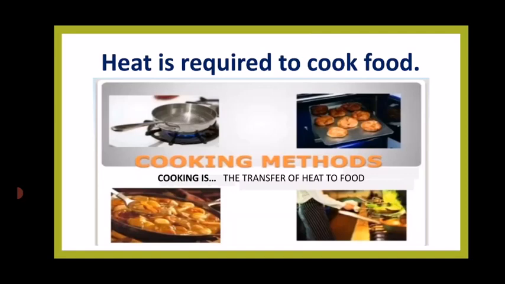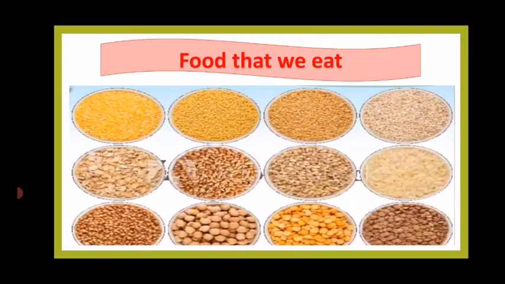Okay, so now before we talk about the various sources of heat, let us talk about the various kinds of food that we eat. So can you see so many grains and pulses on this page? You can see rice, you can see wheat, you can see chana, alright, and you can see different kinds of dal. So see, these are all the things that we eat.